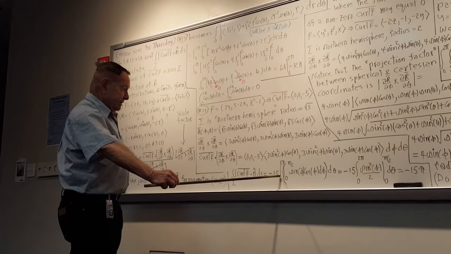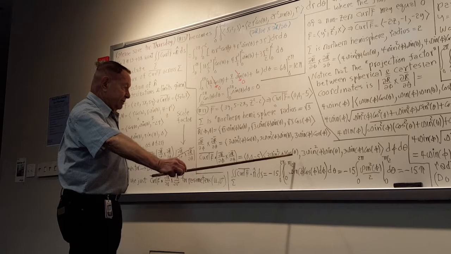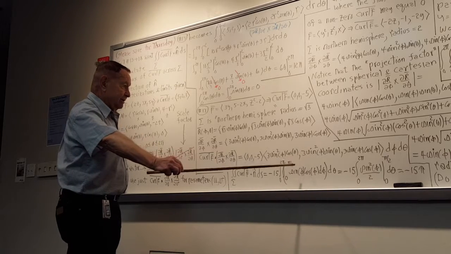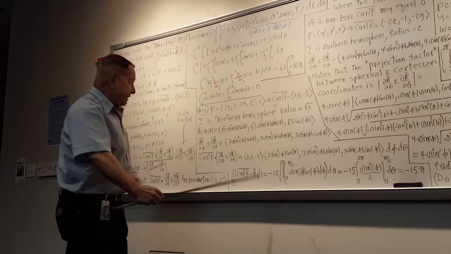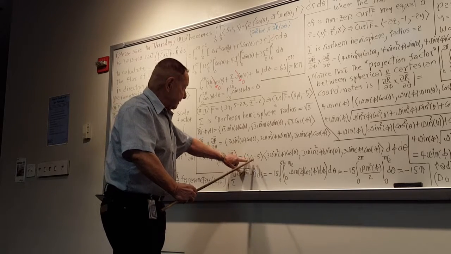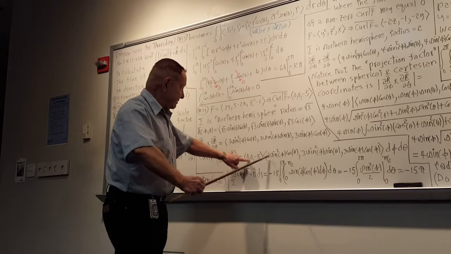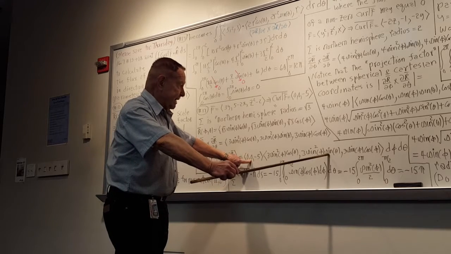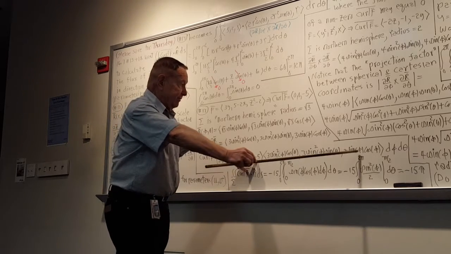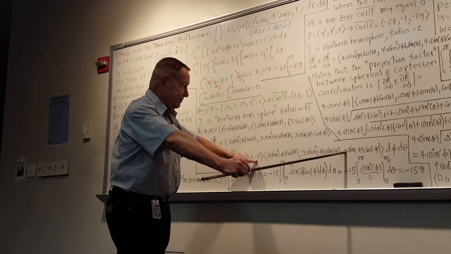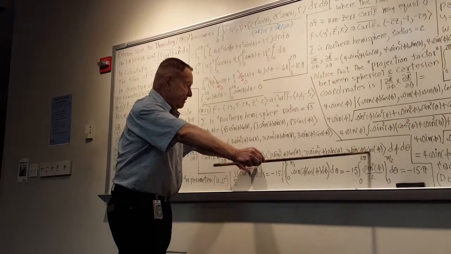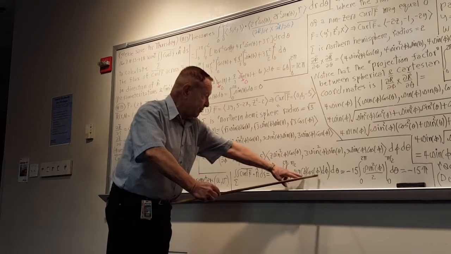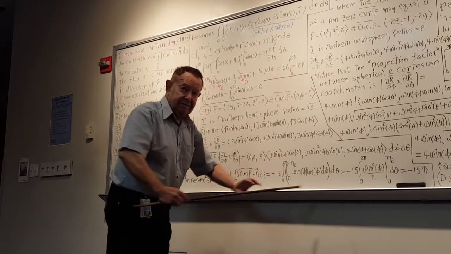And what it leaves you when you work all this out is, so you have 0 times this one, and you have 0 times that one, and you have -5 times that one. So 3 5s are 15, and then you have sine phi, cosine phi. Notice both of them are phi's here.